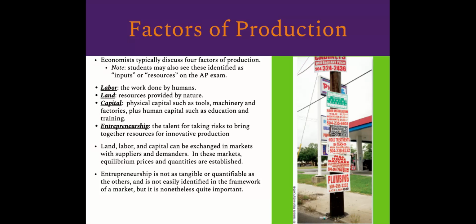It's a natural resource. If you're using water, that would be considered land. It's a natural resource. Capital refers to things that are man-made. Most of the time we're talking about tools, machinery, factories, things like that. When we get into the nitty-gritty, human capital is things like specialized training, like education.